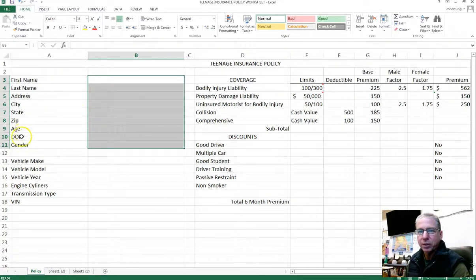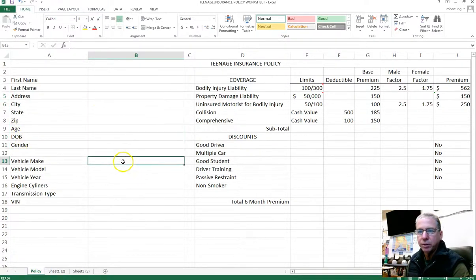First, last name, all of this, DOB is date of birth. The vehicle make is something the insurance company needs to know. That's whether it's a Ford, Chevy, General Motors, Toyota, a Honda. A model would be a particular name of that vehicle. Honda Accord, Accord would be the model. Let's see, Toyota Tundra, a Corolla, that all refers to the model.